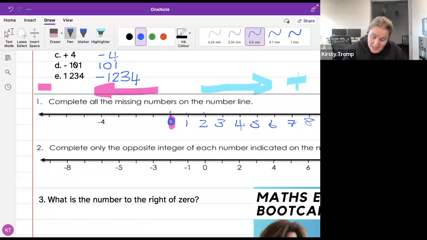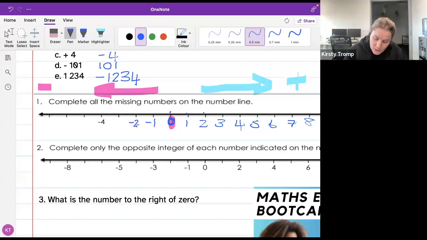On the right side of the 0, we put a 1. So that means that on the left side of the 0, what am I going to put? I'm going to put a negative 1. On the right side of the 0, I said 0, 1, 2. So on the left side of the 0, what am I going to say? I'm going to say 0, negative 1, negative 2.